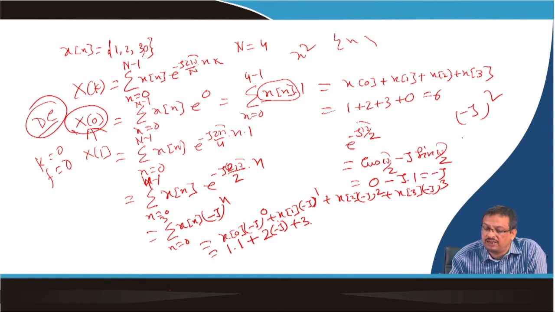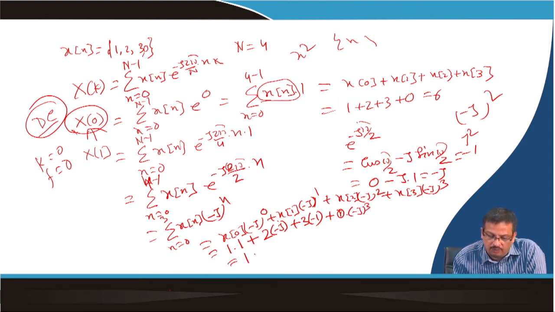So j square is nothing but minus 1, plus x3 is 0, so 0 into minus j to the power 3 will be 0. So it is 1 minus 2j plus minus 3. So I can say it is nothing but minus 2 minus 2j.